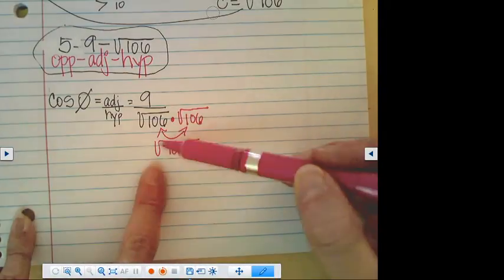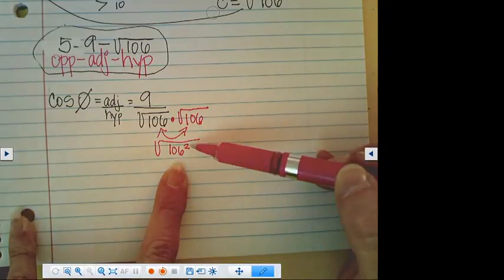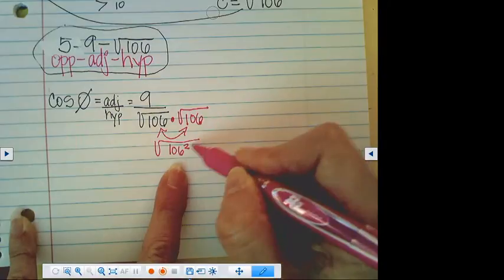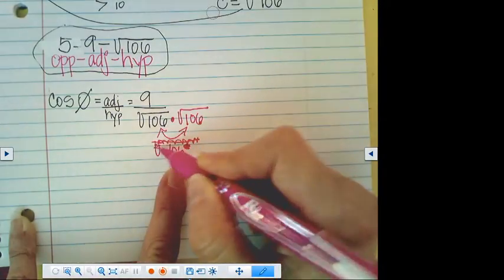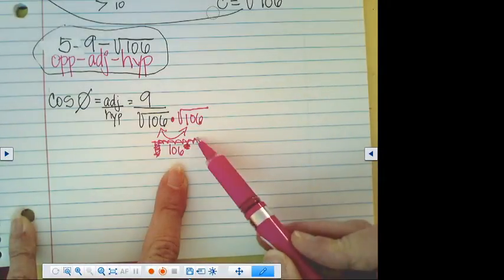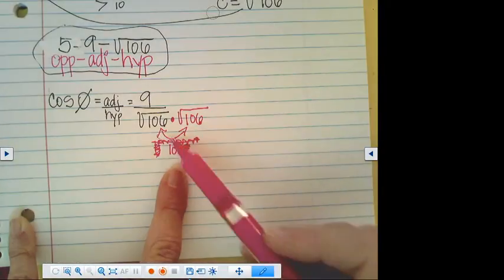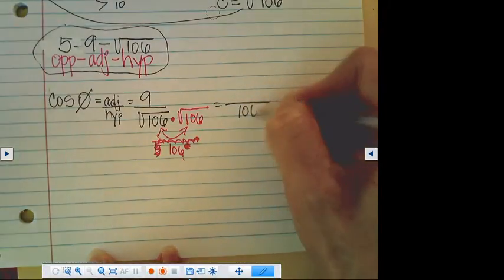Well, you know how a square root and a square are inverse operations and they undo each other? What if this square that I have on my 106 undid the square root? So what if one undoes the other? Then you simply have what? 106. And that's the whole point. You made that happen deliberately.